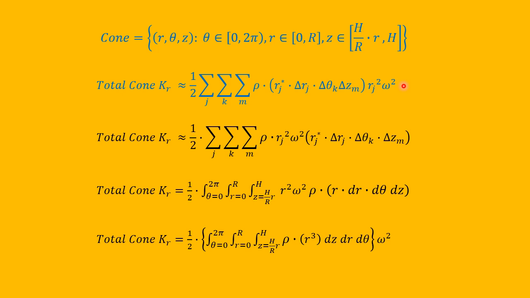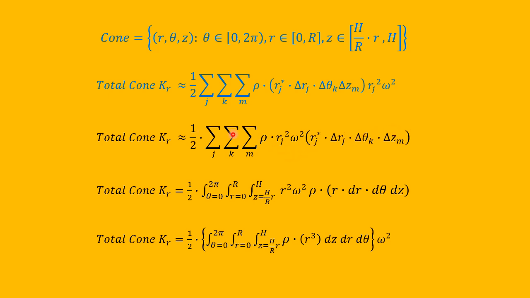Little r was the distance of one of the little masses from the axis of symmetry, and it was indexed by j. For different j's, we had different pieces of the cone, and so different radii. So just rewriting this, we can move this r squared omega squared over to here, and we still have all of these factors also.